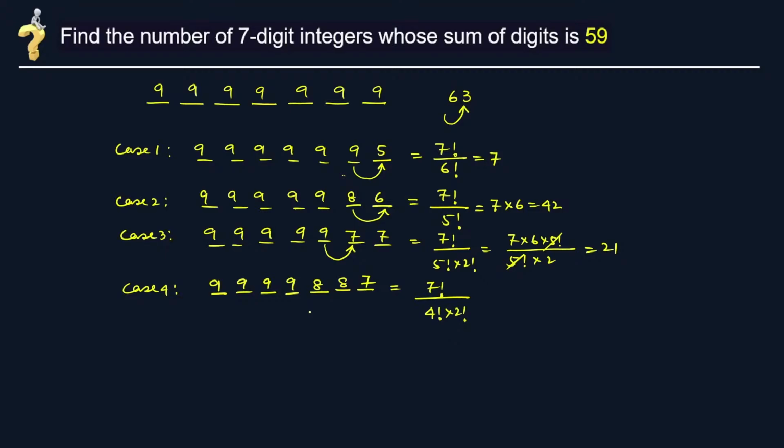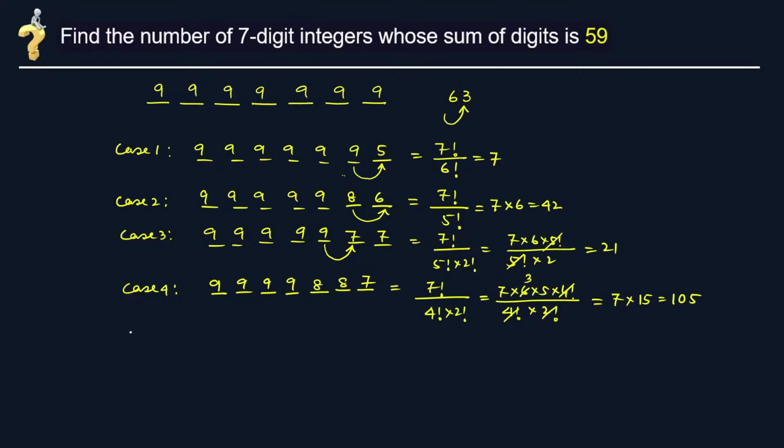Because of the 4 identical 9s, and for the 2 identical 8s, we have divided by factorial 2. So the answer is 7 into 6 into 5 into factorial 4 divided by factorial 4 into factorial 2. So factorial 4 goes off, 2 goes off with the 6, leaving 3. So it's 7 into 15. So that gives us 105. Am I correct? So this is case 4.